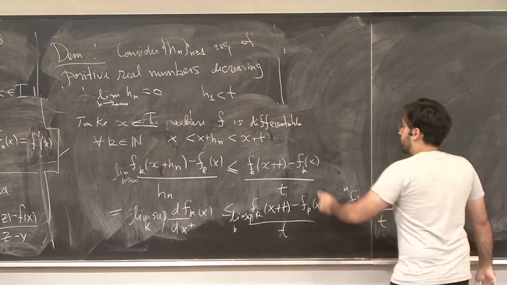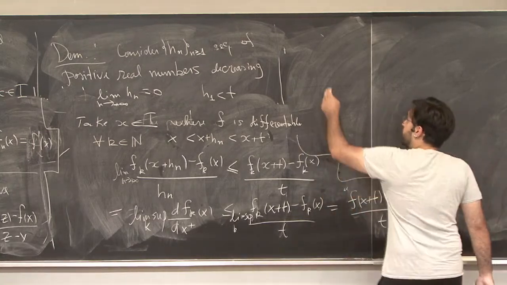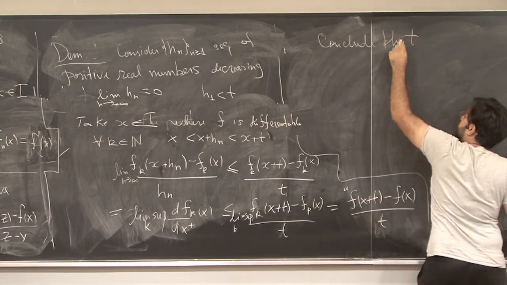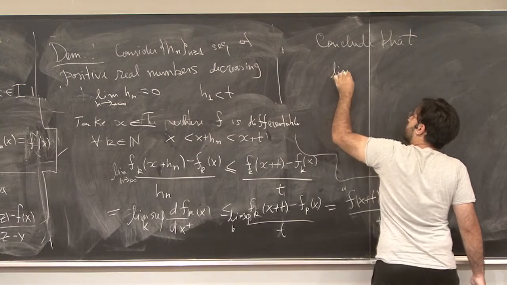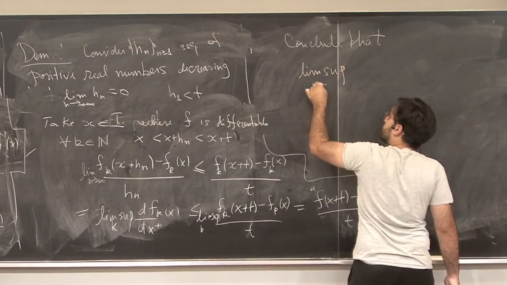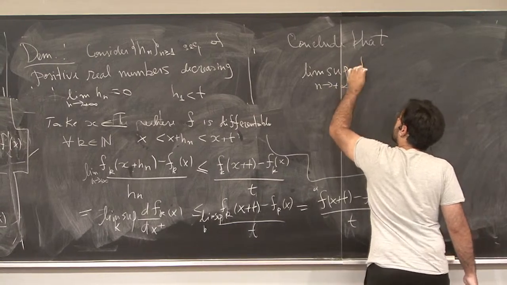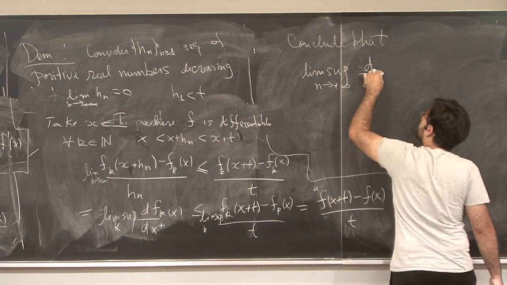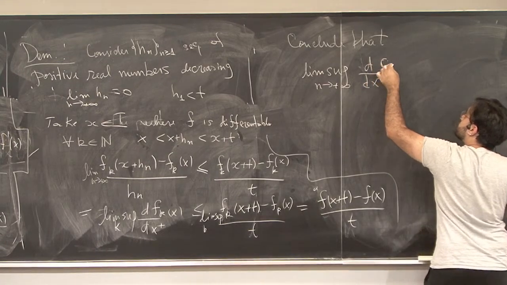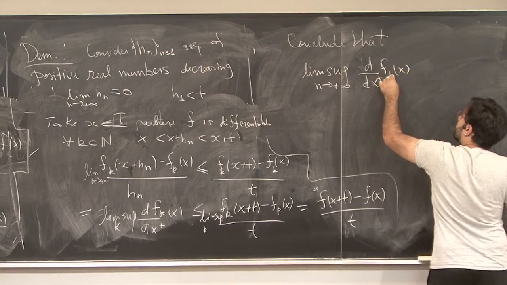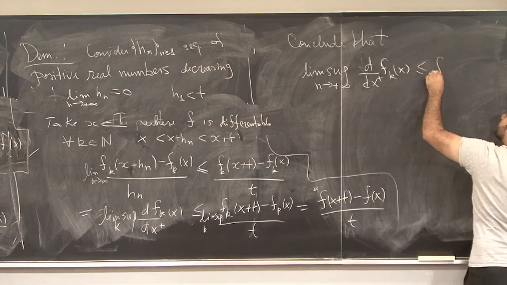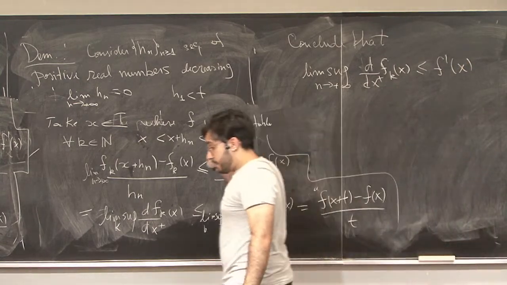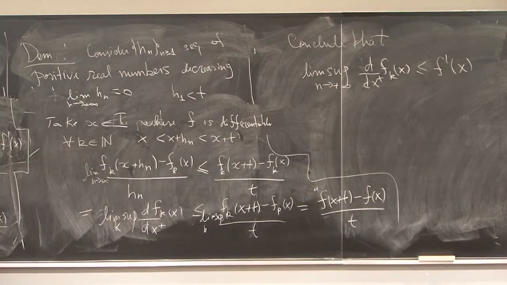Then I can conclude that the limsup of the difference quotients of fk at x is actually less than the derivative of f at the point x. Okay.